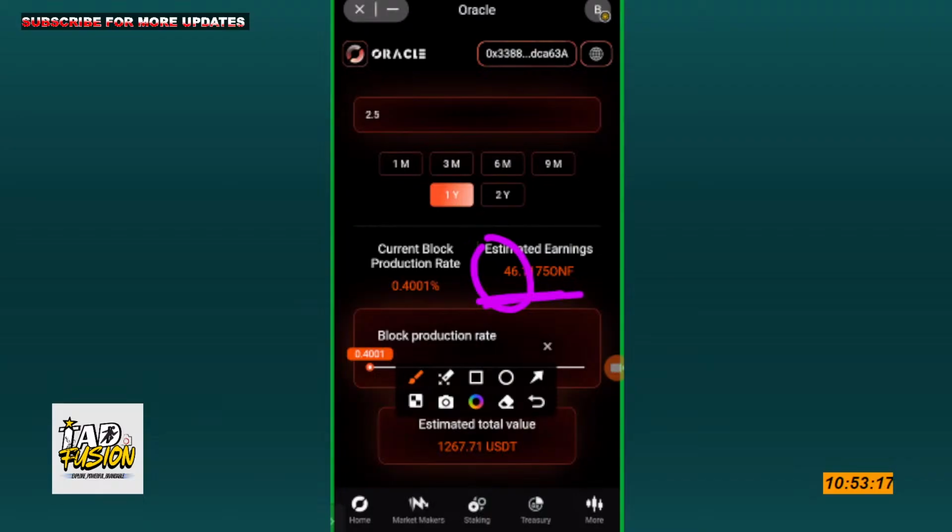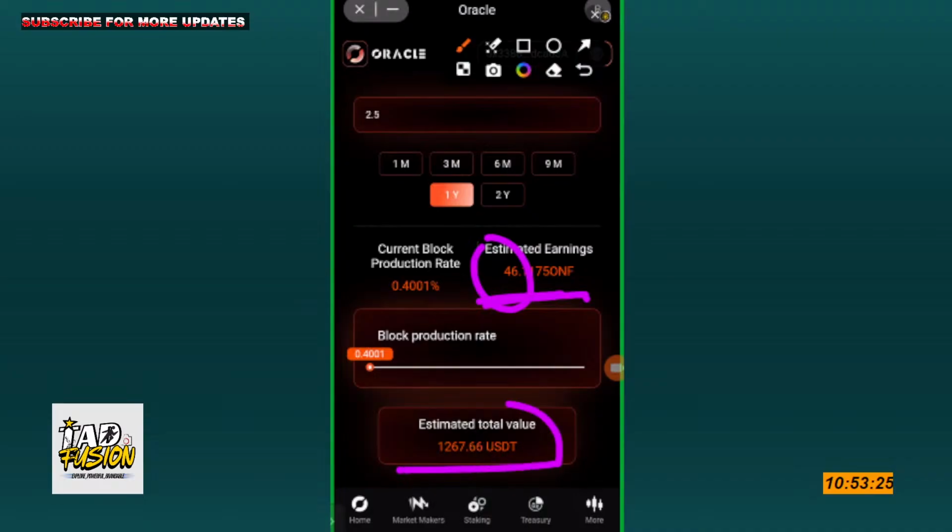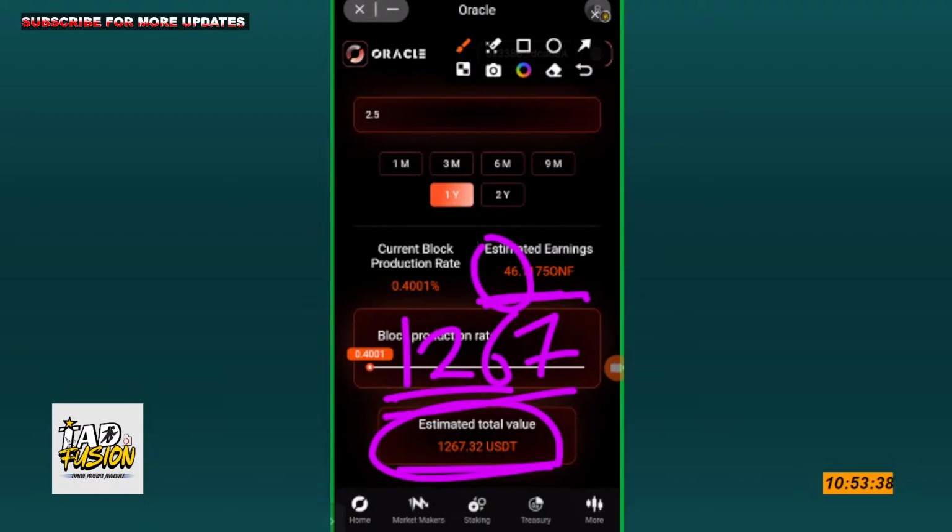You will have 46 ONF, and the 46 ONF are estimated to give you $1,267. Now remove your capital of 200.